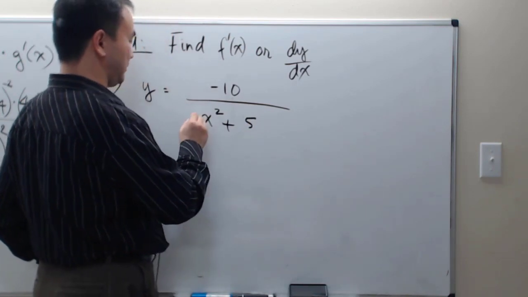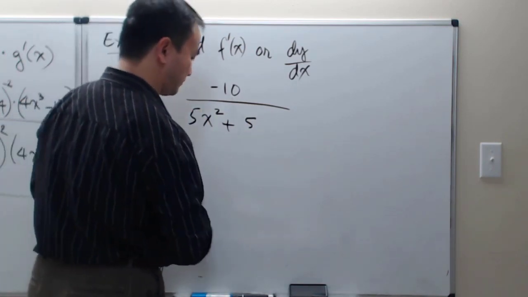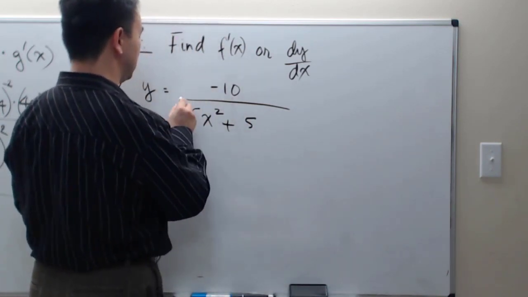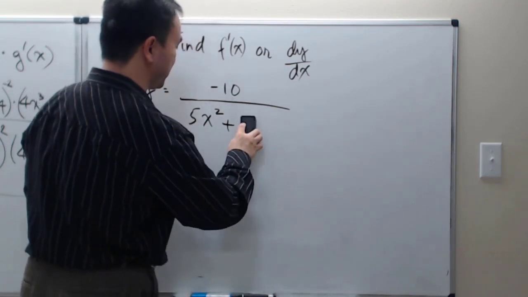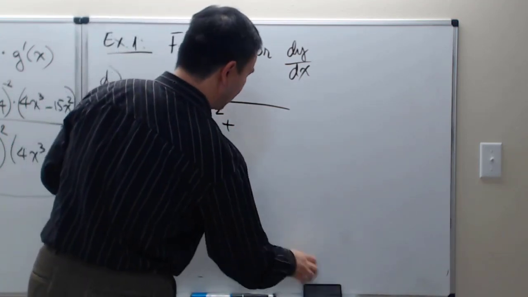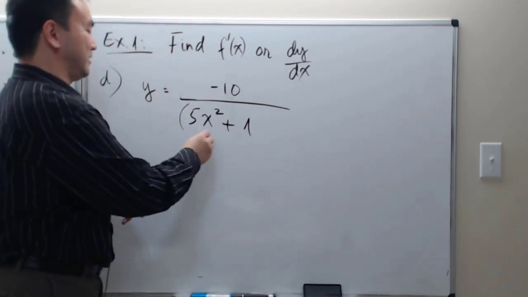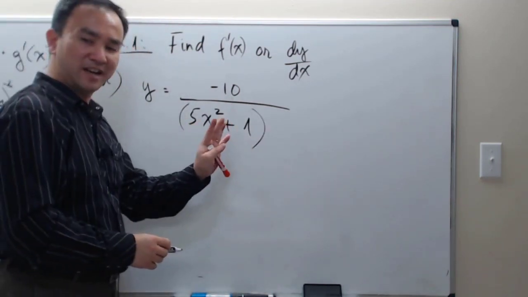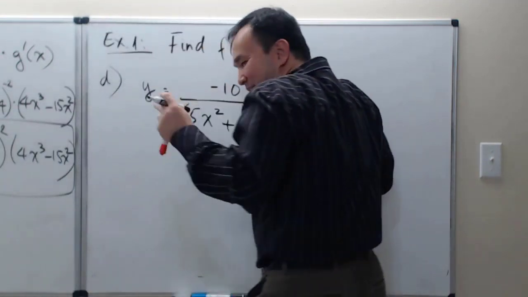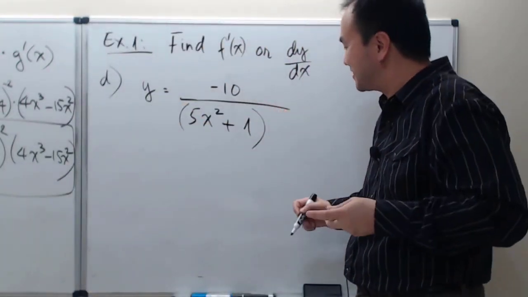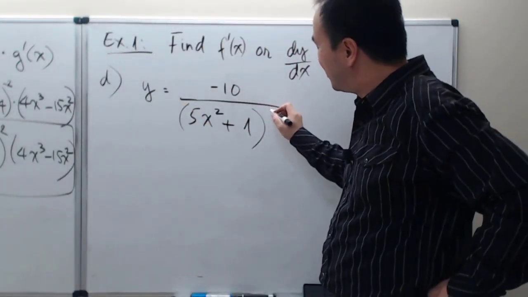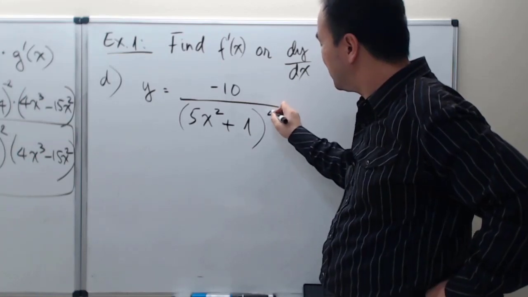Okay, how about 5x squared plus 1? Change my mind a little bit. Sorry about that, but I just want to be as crazy as possible, so that you can get a hang of the kind of idea that we can apply no matter how the problem changes. And so now I'm going to put a power, 4.